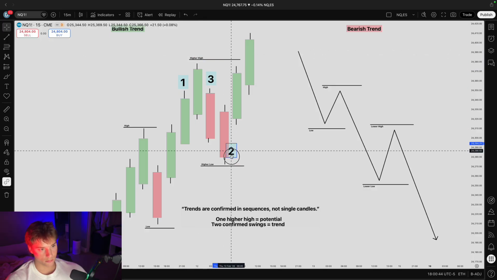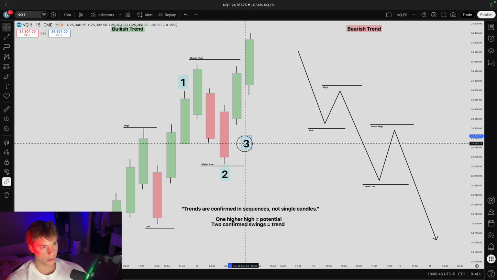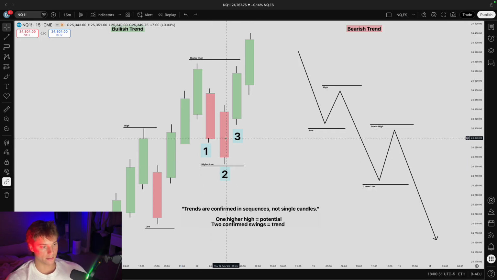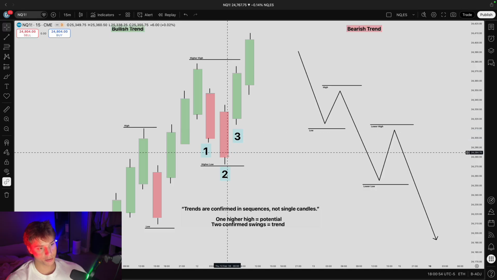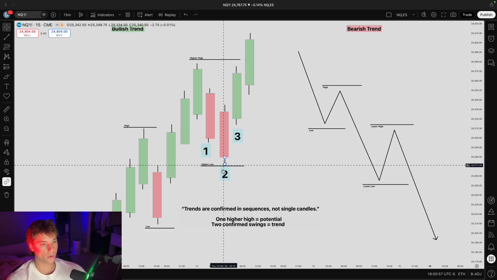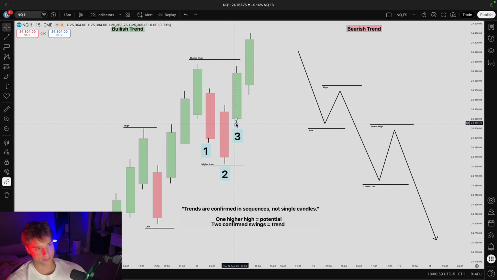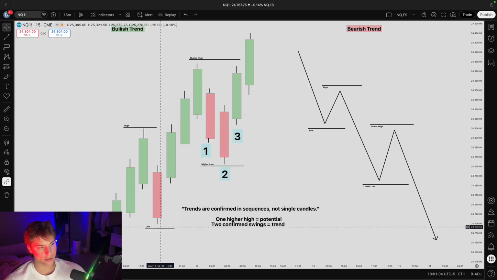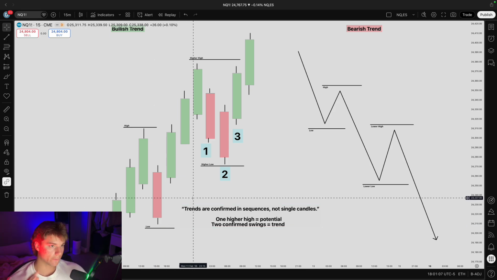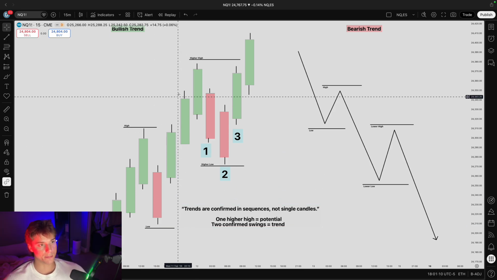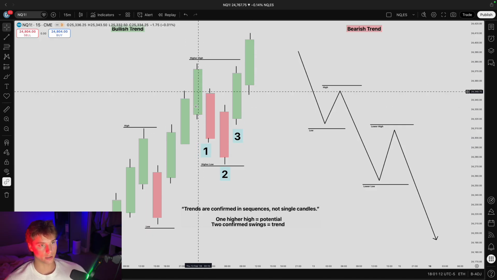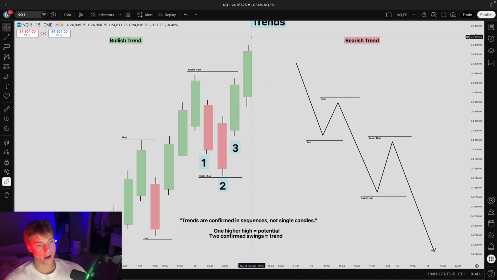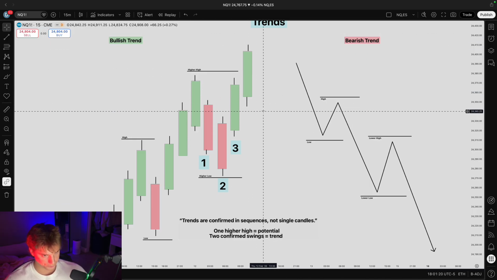Now, for the higher low, we use the same exact idea as this low. Number 2's low is lower than candle 1's and lower than candle 3's. This means it is a higher low because it is higher than this low. The way that you can confirm a trend is if you keep on making higher highs and higher lows. So if this trend were to continue, up here there would be another higher high with another higher low.